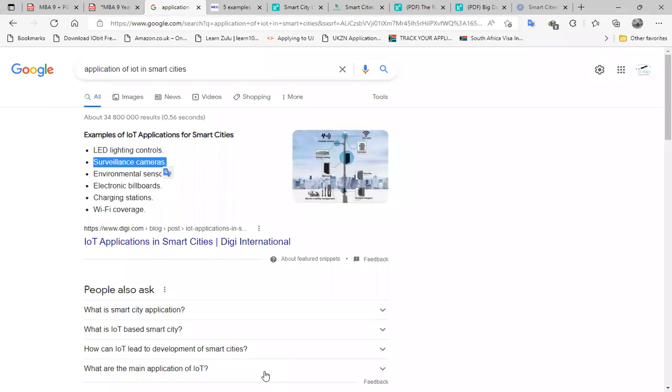The reason why I'm talking about surveillance cameras is that China has a certain city. I'm not so sure if it's the whole country, but I know of a certain city. You can Google it, right? They've got surveillance cameras everywhere. When I say everywhere, I mean in the streets. Of course, in the houses they don't have, but as long as it's a public place, they've got cameras.